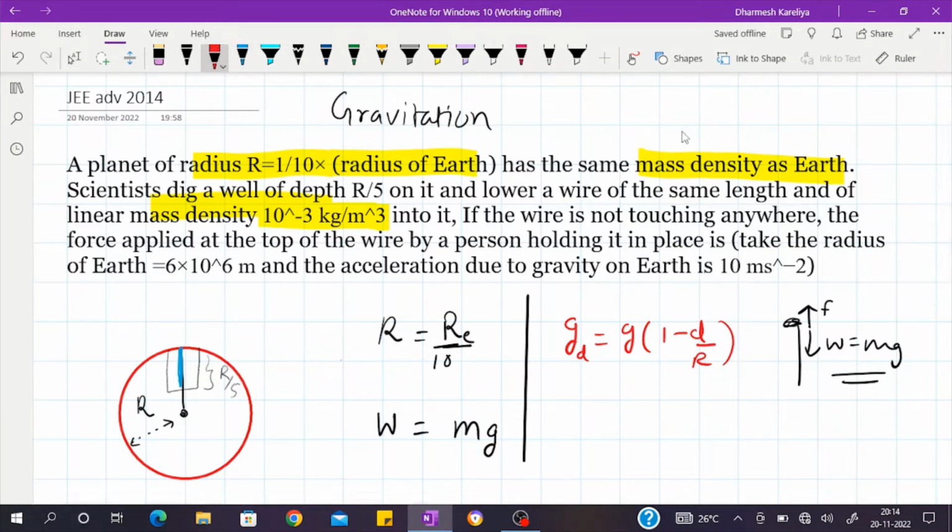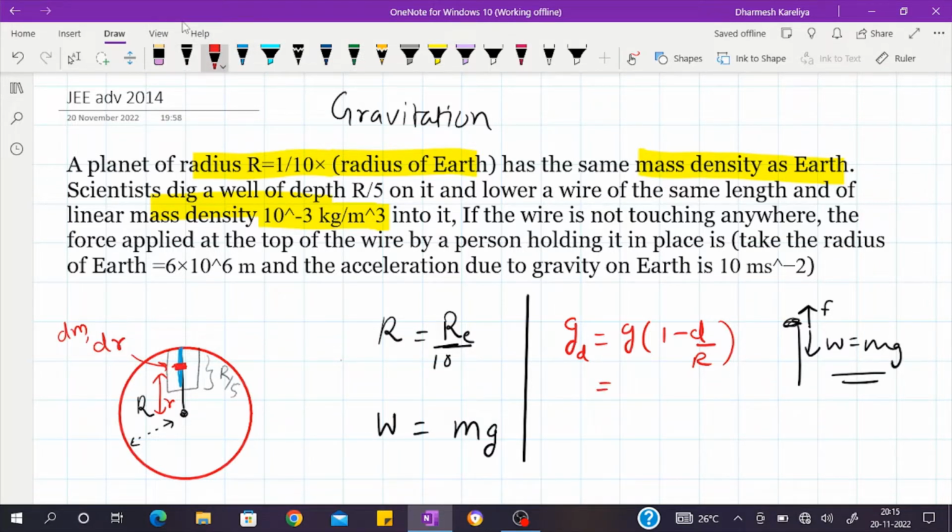Let's say we have this small piece of that wire, and the length of that small piece will be dx, or let's say dr. We will cut the wire along its length, and the length of one such element will be dr, and its mass will be dm, and its distance from the center, because we will be integrating, is r. So our formula we have to modify in terms of small r.